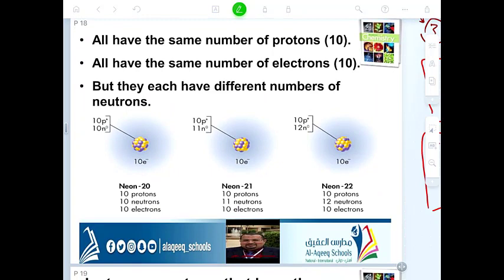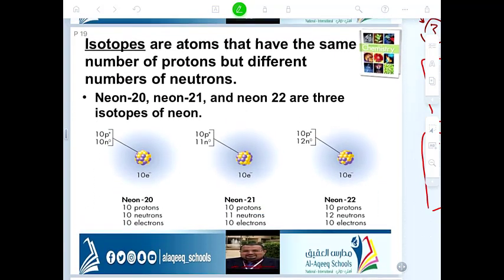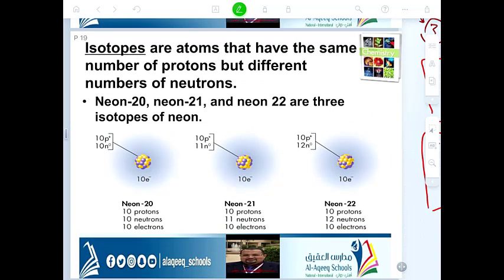As I said, all have the same number of protons, which is 10. All of them have the same number of electrons, 10, but they differ in their number of neutrons. For this reason, they are isotopes of each other. Isotopes are atoms that have the same number of protons but different numbers of neutrons. This is the meaning of isotope.